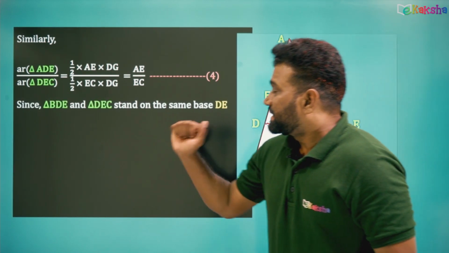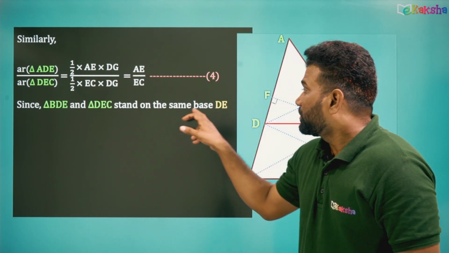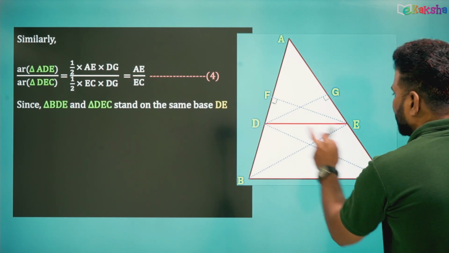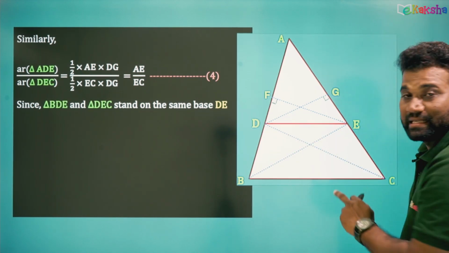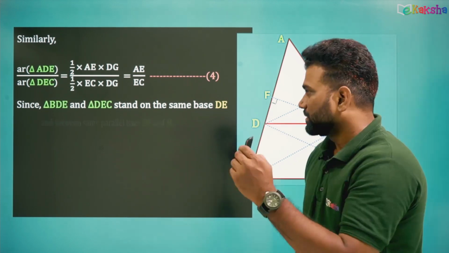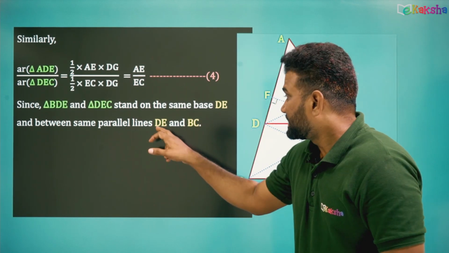Next, since triangle BDE and triangle DEC stand on the same base DE, you can see triangle BDE and DEC. These two triangles have the same base, what is that? DE. And they lie between the same parallel lines, that is DE and BC.